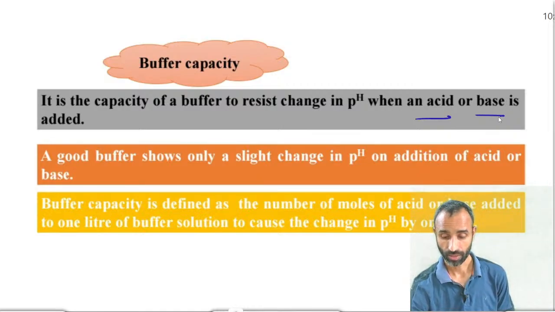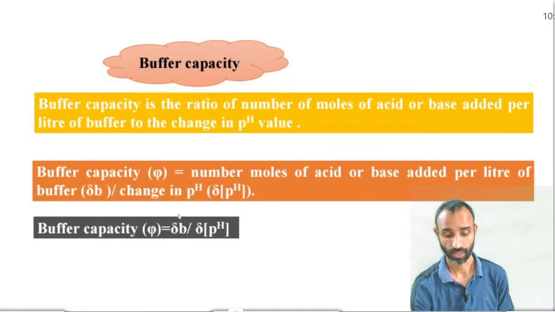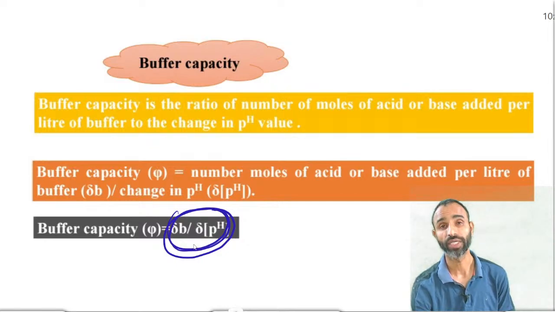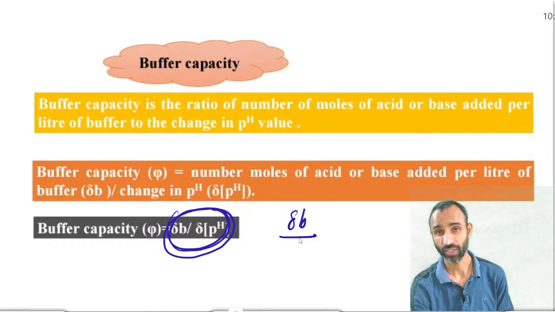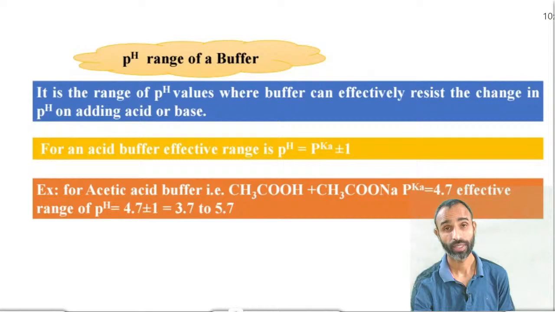That means it is the number of moles of acid or base added to 1 liter of buffer solution to cause the change in pH by 1 unit, or we can write it like this: number of moles of acid or base added divided by change in pH. That is called buffer capacity.